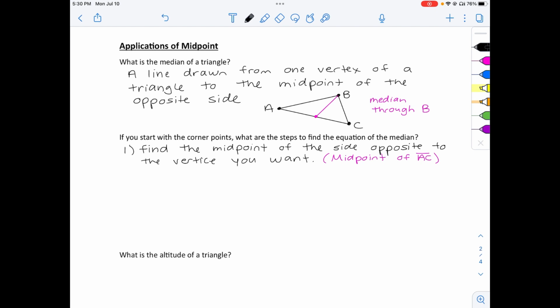Then once you have that midpoint, what you're going to do is you are going to find the slope between the midpoint and the vertex that you're working with. So the slope of the line through the midpoint and specified vertex.